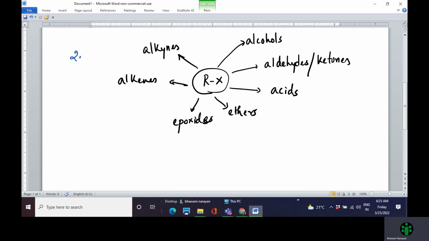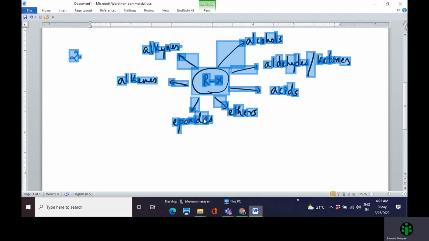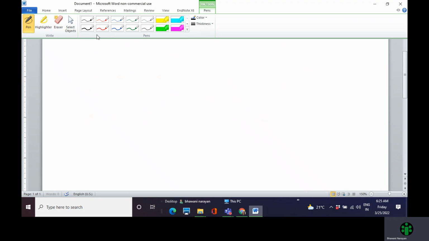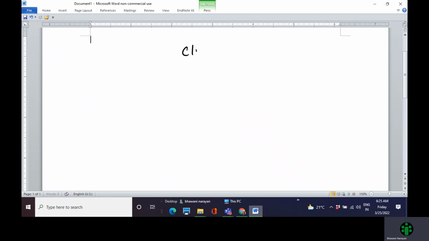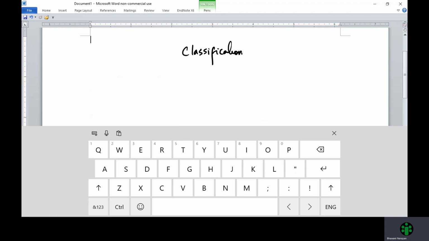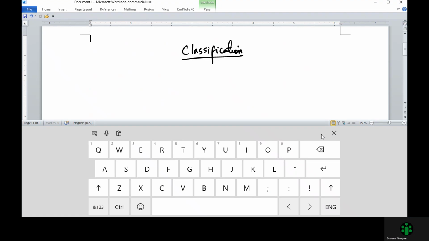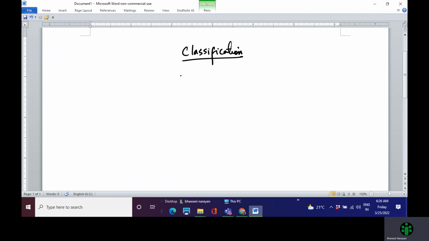Next, let us look at the classification of alkyl halides. So I'll erase this out and let you know the classification. If we look at the basic classification, alkyl halides are classified into 3 categories: primary alkyl halide, secondary alkyl halide, and tertiary alkyl halide.